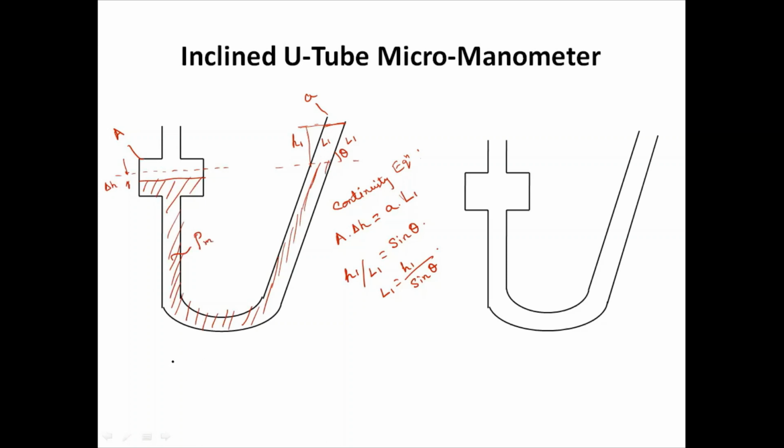PA on this side, plus, with your reference line here, PA is acting, plus the working liquid into g into delta H. On the other hand, P atmospheric pressure plus rho m g into H1 plus delta H. What is H1?